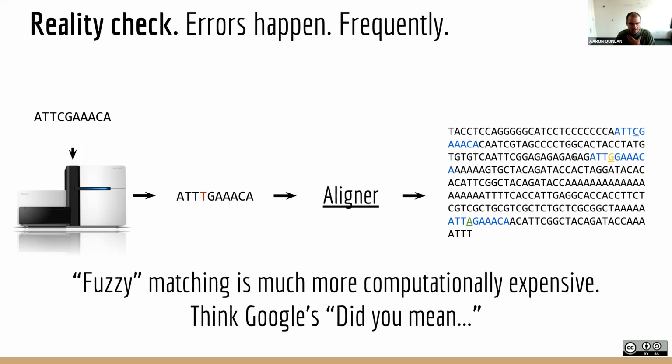And so that T allele is not in the reference genome. The aligner has to do more work to find this true difference that exists in my DNA versus the reference genome. So aligners have to take into account the possibility that differences between the DNA it's being asked to align and the reference genome come from either A, sequencing error, or B, true genetic variation.